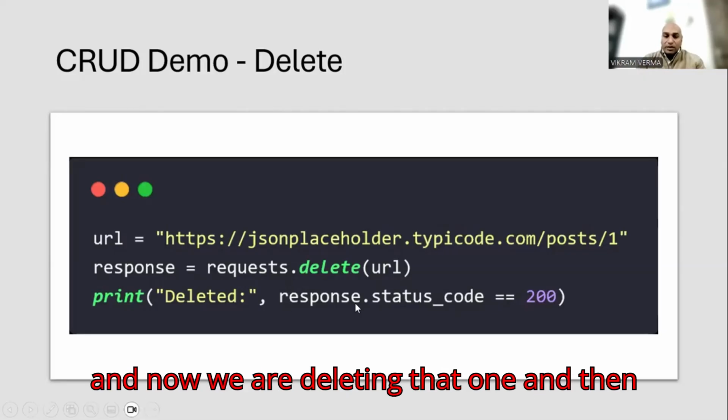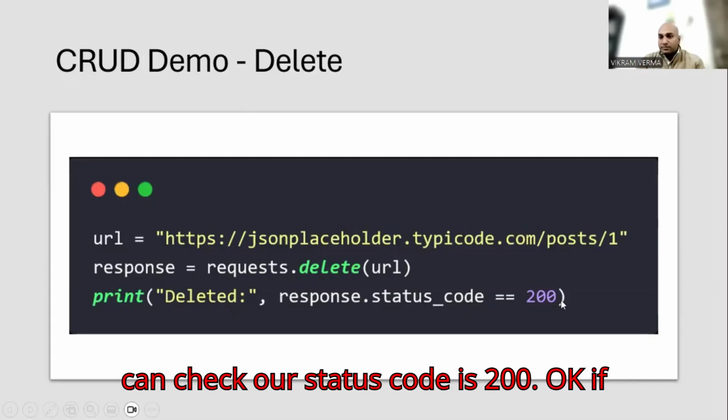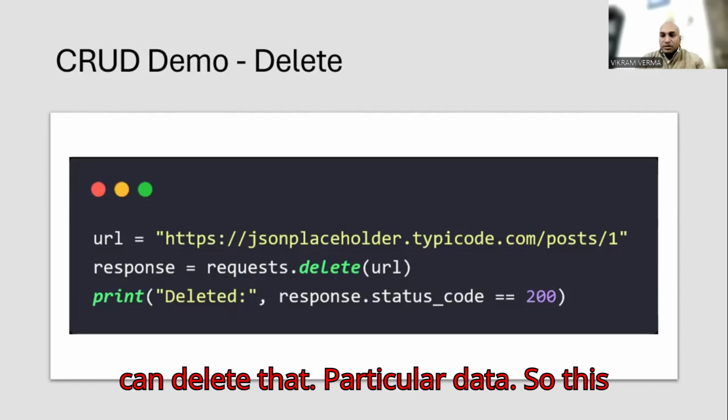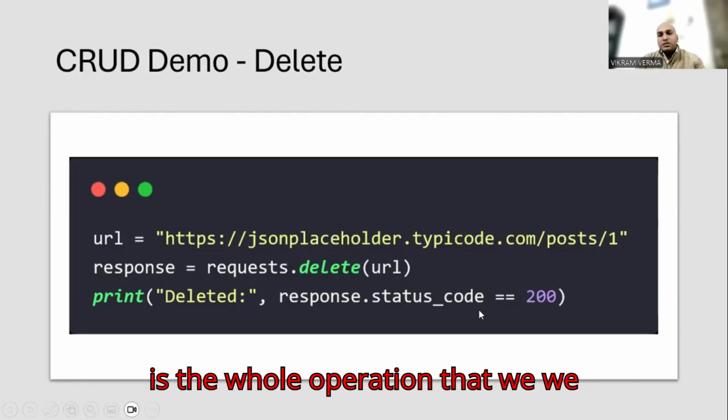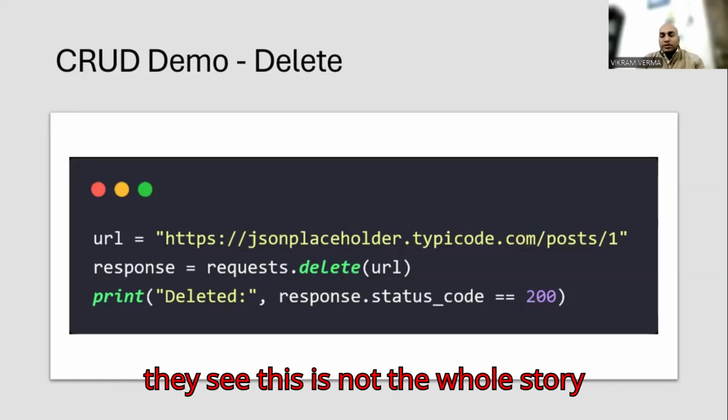And then after deleting, if everything is okay, we can check that our status code is 200. If we find that status code, good. We can delete that particular data. So this is the whole operation that we generally do while working with data.